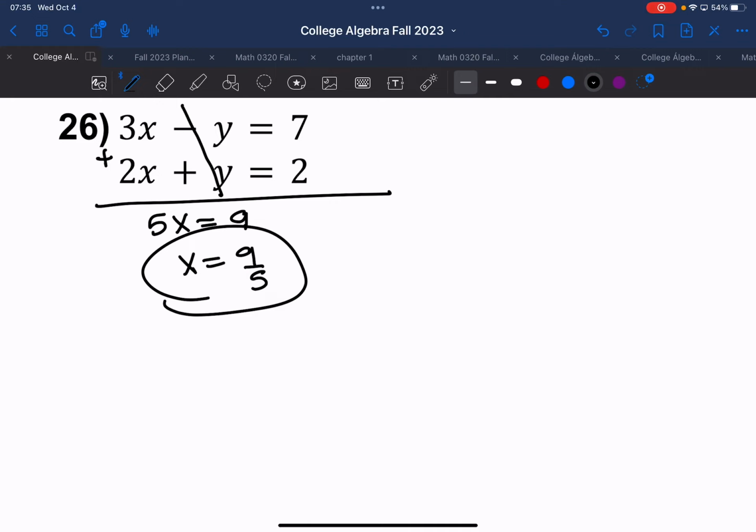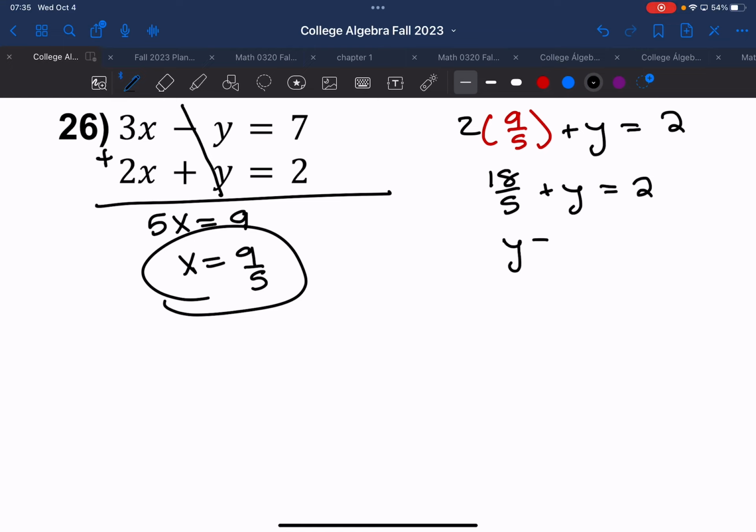Then we would plug in that 9/5 for either equation. I'm going to go ahead and plug it into the bottom one. So 2 times 9/5 plus y equals 2. That gives me 18/5 plus y equals 2. So I have y is equal to negative 18/5 plus 2.